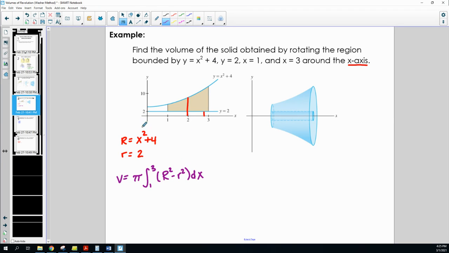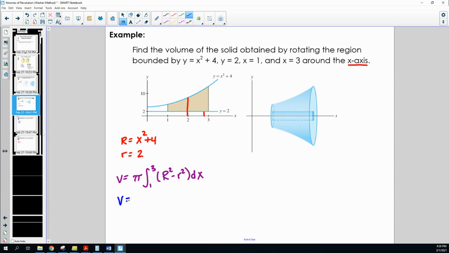So if you want to identify big R as being whatever function and little r as being whatever function, and then when you put it into the volume equation, you can just use big R and little r. Okay, it's just really important that you identify what they're equal to, and then you can just call them as so later on. Okay, but I'm actually going to plug the actual one back in because this is easy enough to do without a calculator. So we're going to do it the harder way.